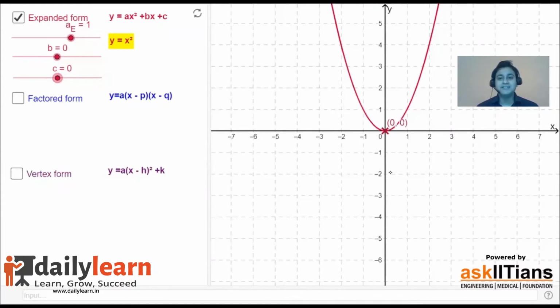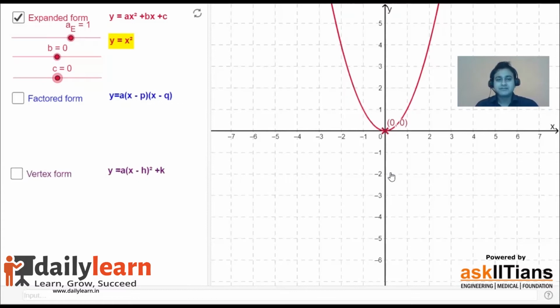Here we have a very standard quadratic equation, y is equal to ax square plus bx plus c. Here a is 1, b is 0, and c is also 0. So the quadratic equation becomes y is equal to x square, which is a very familiar equation, and most of us would already know the graph of this equation.